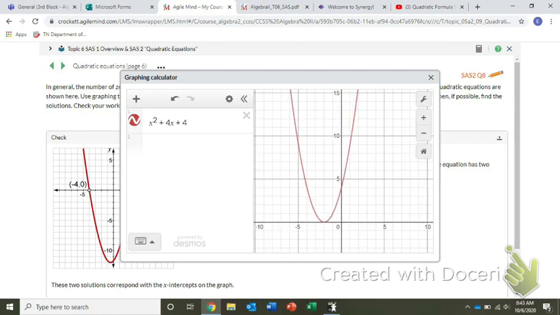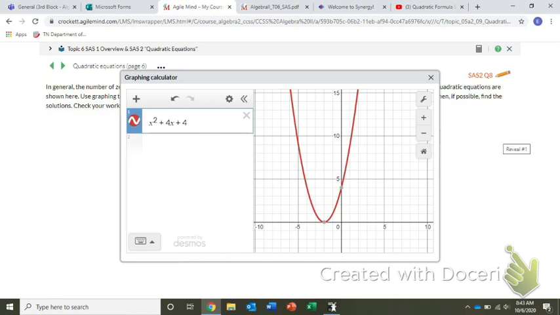Now, look at this graph. What do you notice about it? It has a y-intercept at 4, but it just has one x-intercept at -2. Why is that? Here's why.